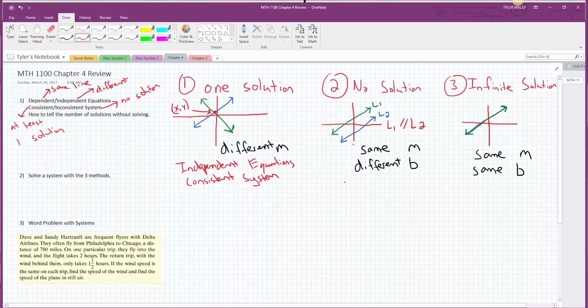So in number 2, where we have no solution, these would be independent equations still.